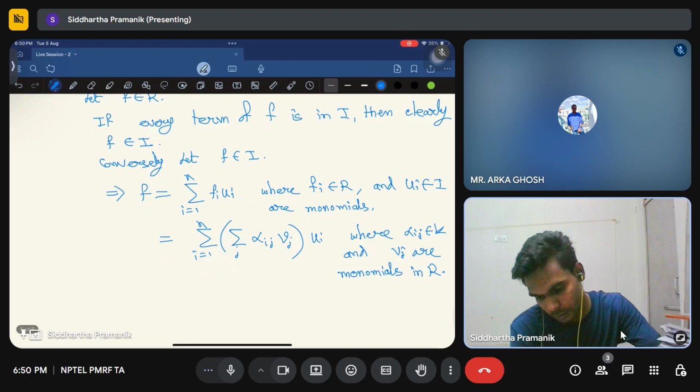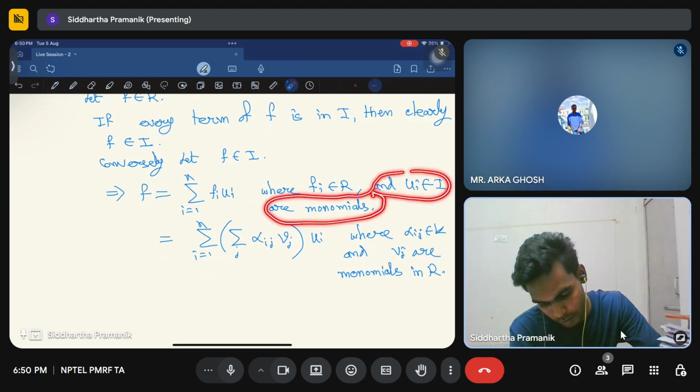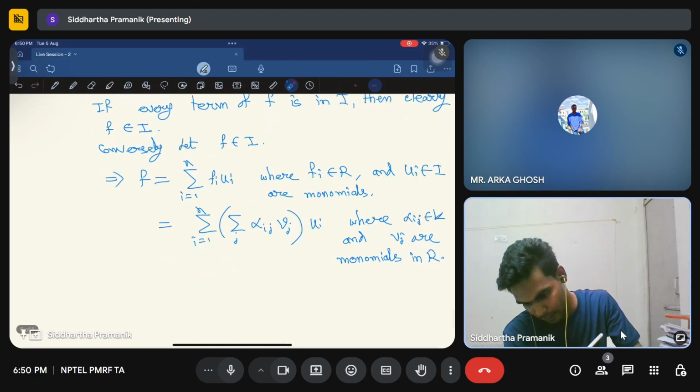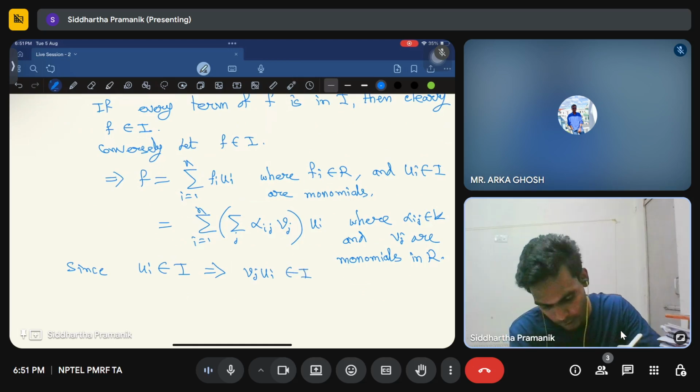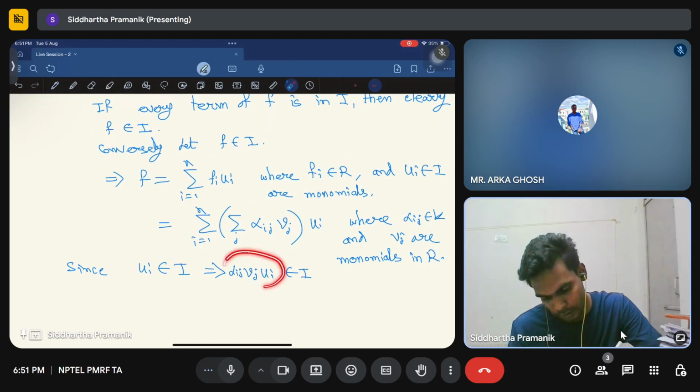So we have assumed that these u_i's are elements of I. So since u_i belongs to I, v_j times u_i also is in I because I is an ideal. In fact, alpha_ij v_j u_i is in I, and these are the individual terms of the polynomial f. So every term of f appears like this term.